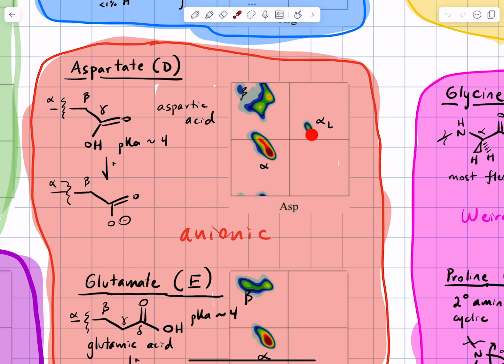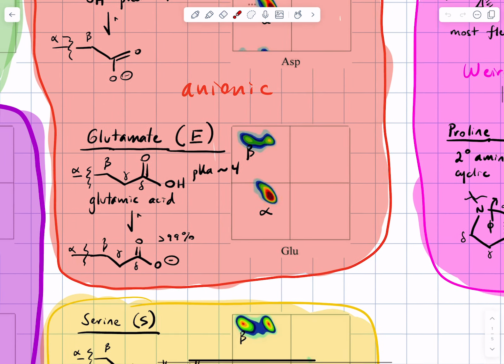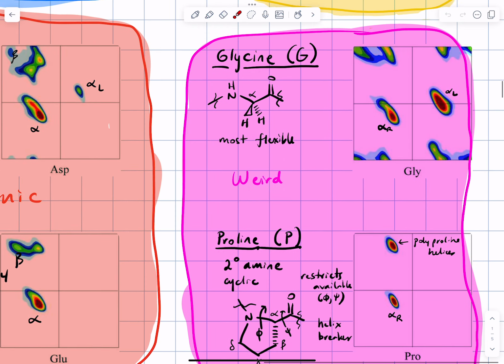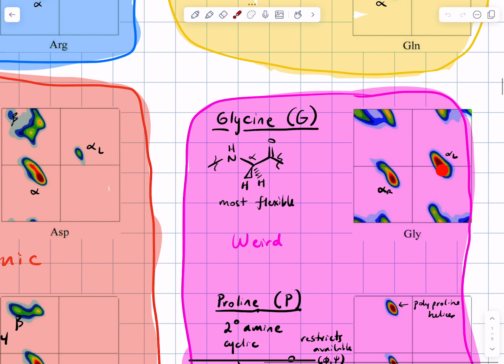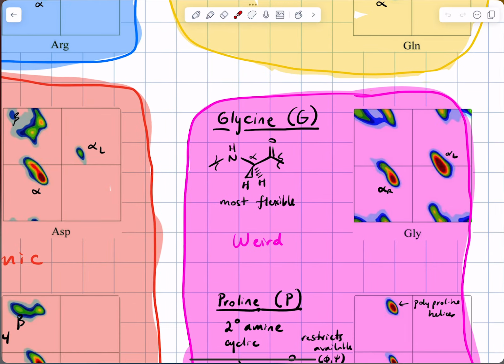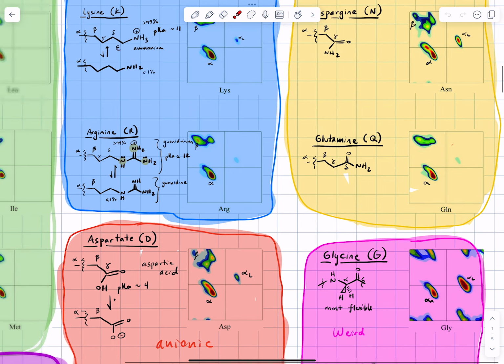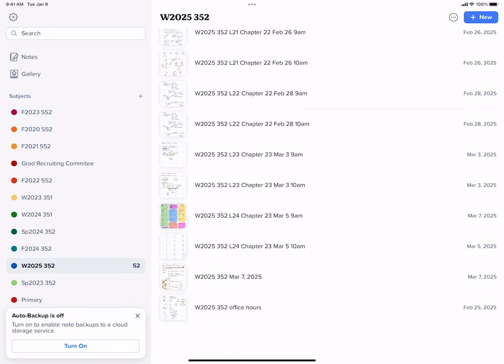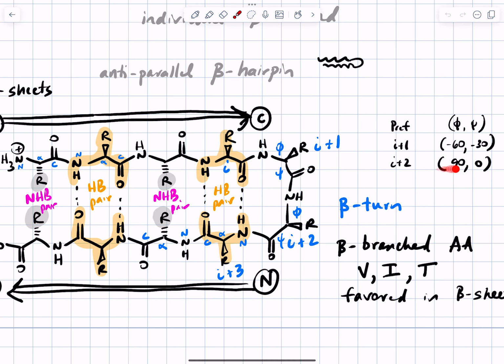Again, not quite. Glycine, right on. Yep. So glycine, because it's more flexible, can adopt this dihedral angle. It's right there. And so what you tend to see for these beta hairpins is it's really, really common to have glycine at this I plus 2 position.